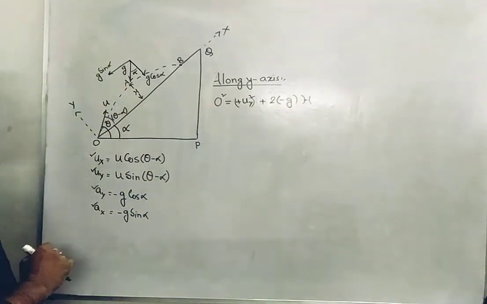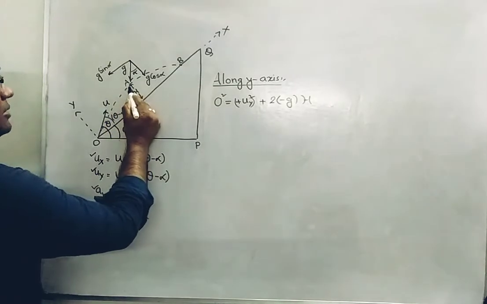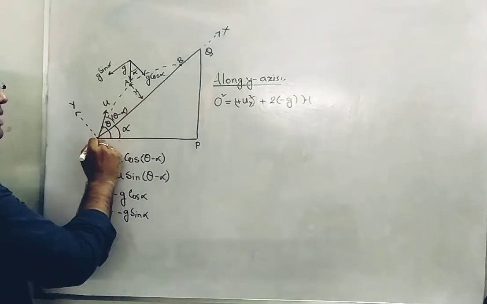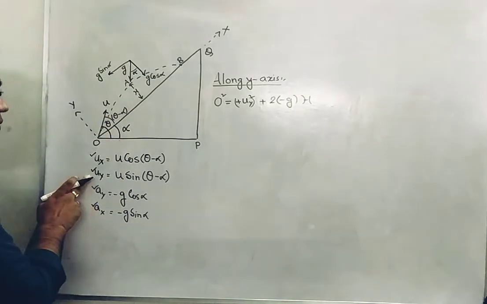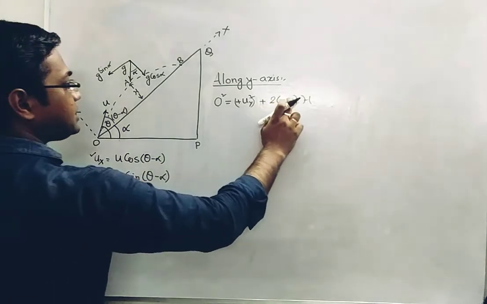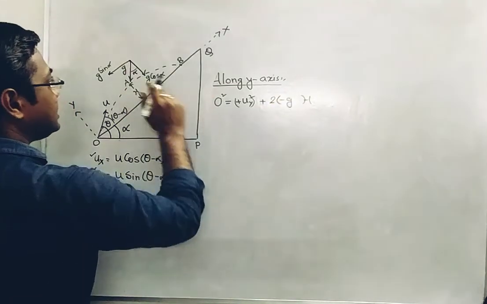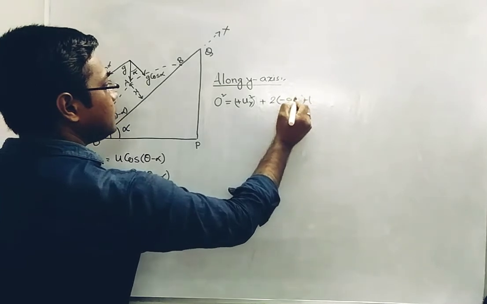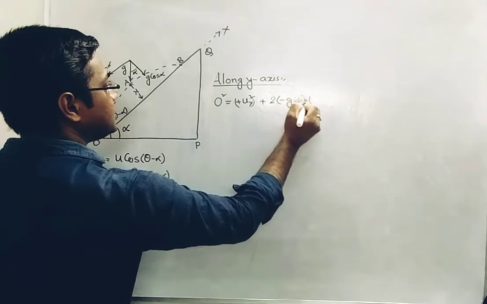When it reaches the maximum height, the final velocity is 0. When it is thrown from here, the y component of the initial velocity is uy. The acceleration is not g actually, it is g cos alpha, the y component of the acceleration.